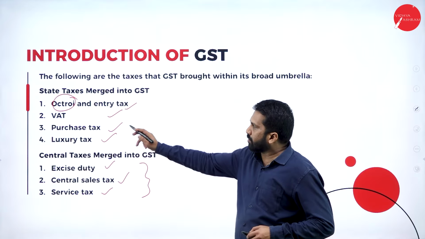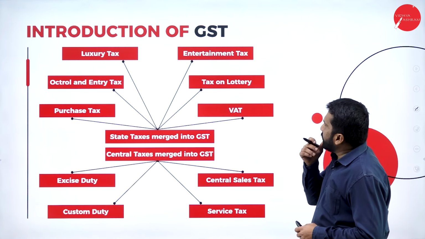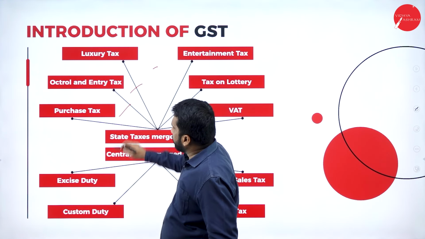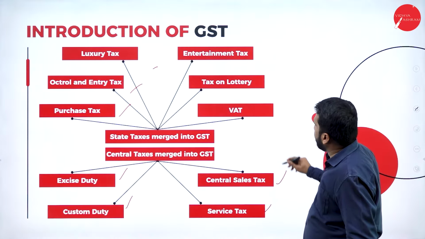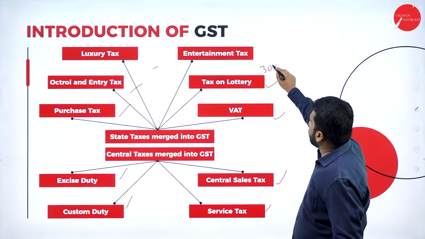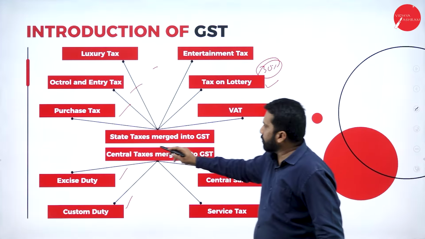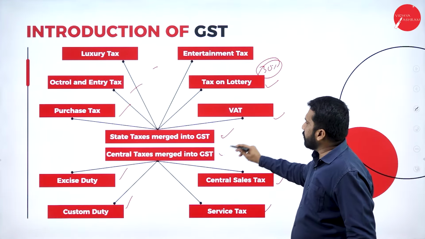Customs, tax on lottery, which is always the highest rate, and entertainment tax are all merged into state tax, merged into GST, and central tax is merged into GST.